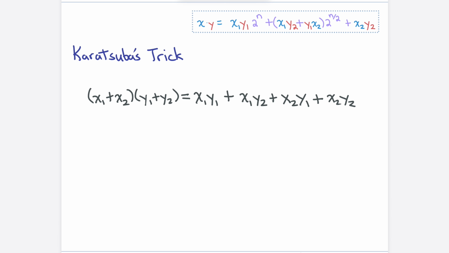This is slightly different, right? Because I've removed that 2 to the n term in front of x1 and stuff. But just look at x1 plus x2 times y1 plus y2, and you'll get this factor of 4 things. This is just arithmetic, right? All right, does anyone notice anything conspicuous or useful about this?